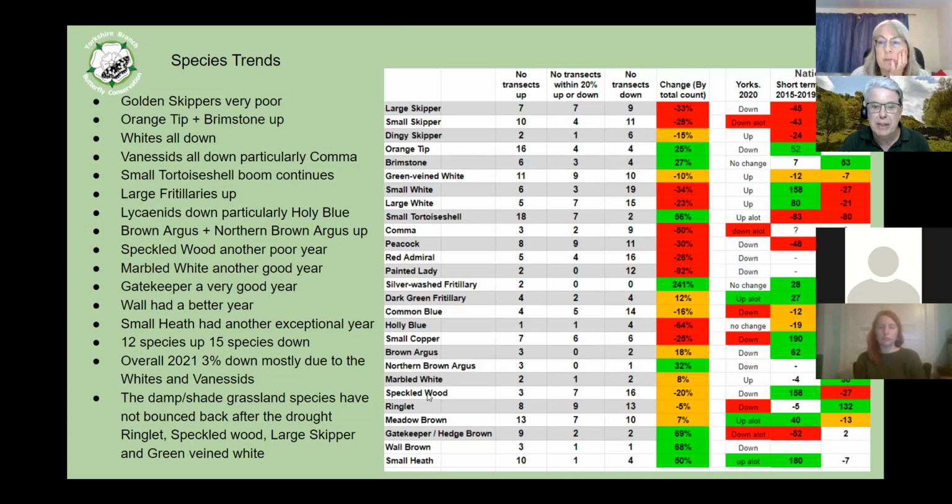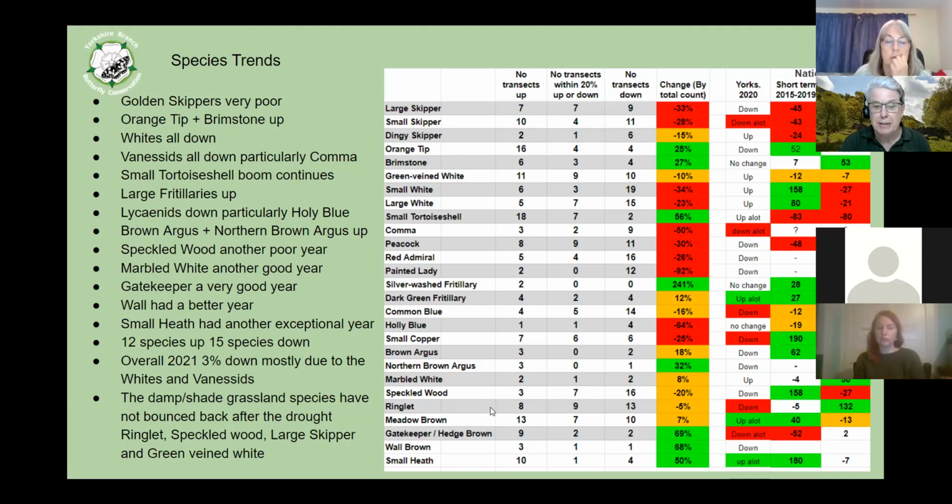The reason we think these are down is the same reason as the green-veined white. Both speckled wood and ringlets tend to be found in coarser grasses, shadier areas. They're damp lovers. And I think with the drought of 2020, the May drought, they're still really recovering from that drought.